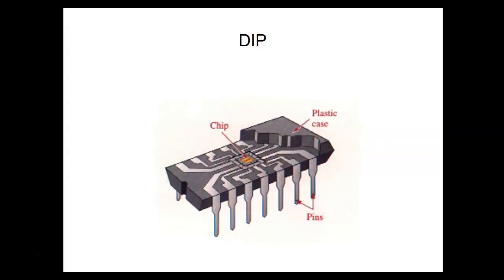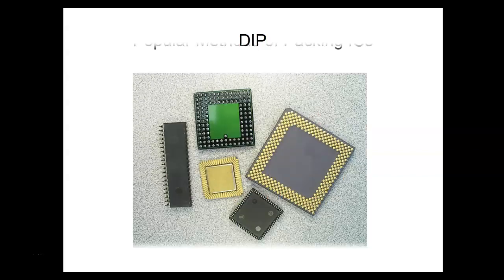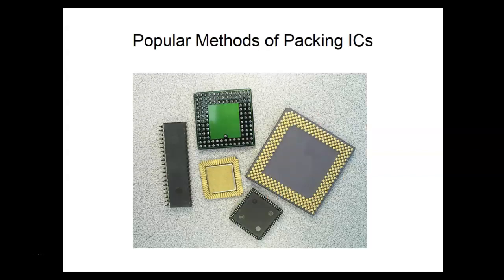So this is what I just showed you, the dips. These are some older ones. We don't do it like this anymore. Originally, when they came out with integrated circuits, they came up with this method right here. And you see why it's called a dual inline package?